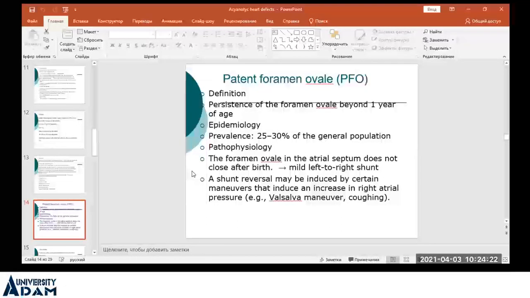Pathophysiologically, we can see a mild left-to-right shunt. Shunt reversal may be induced by certain maneuvers that increase right atrial pressure, for example the Valsalva maneuver and coughing.